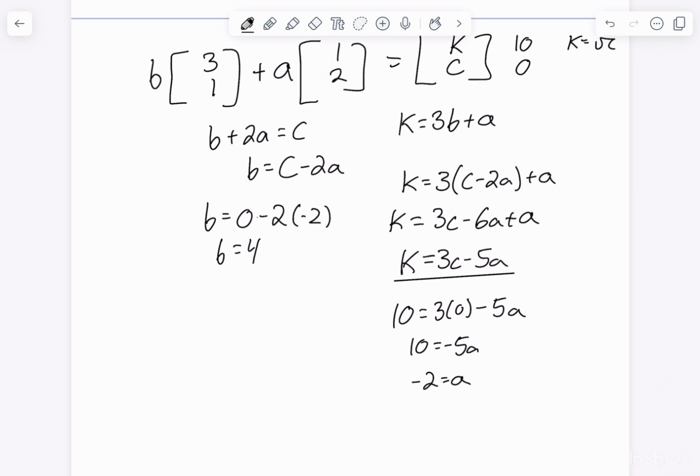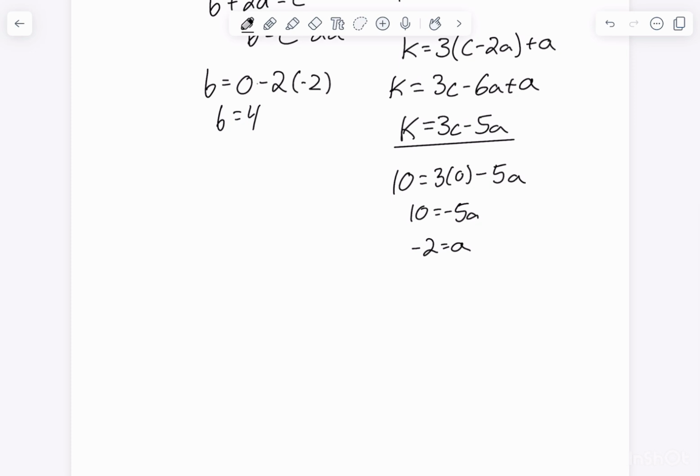And now for another example, I'm going to have k is equal to pi, just to show that it can be any number, and then I'm going to have c is equal to the natural log of 7. These are not easy, nice numbers, but using this formula I created algebraically from systems of equations, I can figure out that the span of this set of vectors is all possible linear combinations, and that's just because of my found value of k, c, and then b and a.